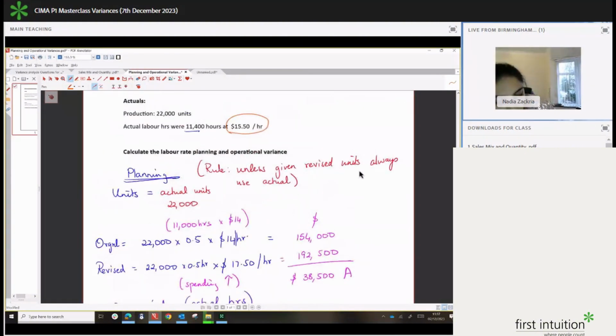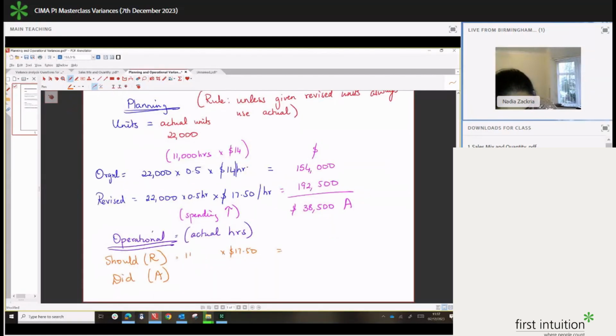Actual hours are 11,400 at $15.50. So here, 11,400 at $17.50 versus 11,400 at $15.50. What we do at this stage is again we flex it, but this time not to units, but to the hours. So 11,400 times $17.50 will be $199,500 compared to $176,700.